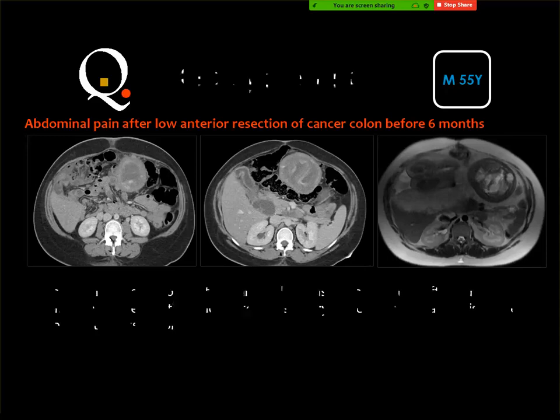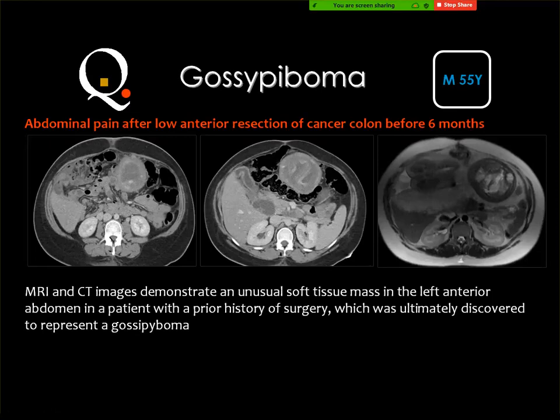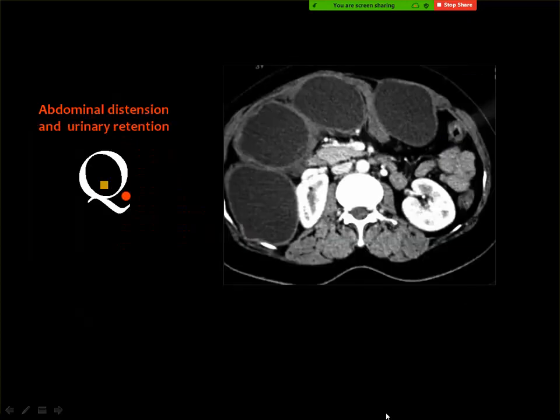Foreign body reaction. Very good. And this is known as gossypiboma or retained surgical towel or surgical gauze. Actually, it should contain some air loculi in order to identify. But this is also one of the classic appearances that sometimes may be mistaken for hydatid cyst, for example, but it is not the case in MRI.